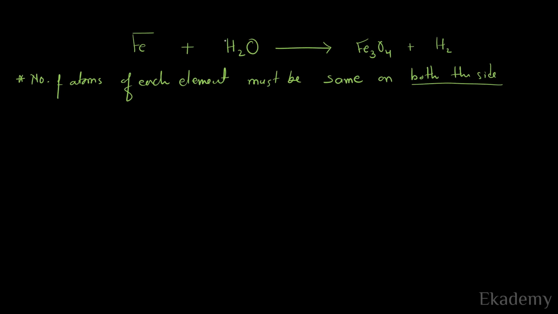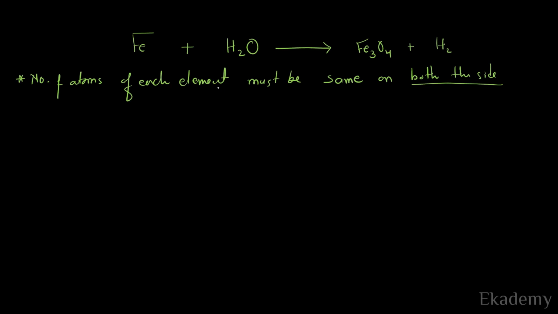There are 2 atoms of hydrogen, and at this side the number of atoms of hydrogen is 2 only. So it looks like it is balanced. Of course, the hydrogen atoms right now are balanced. And oxygen, only 1 oxygen at this side and 4 oxygen atoms at this side. So the number of oxygen atoms is also not balanced.